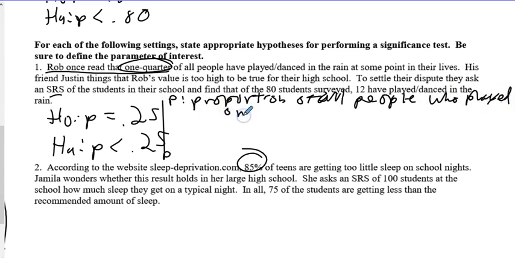So this is just like we did with confidence intervals. We just write out, what are we claiming? We're trying to prove the proportion of all people who played or danced in the rain.